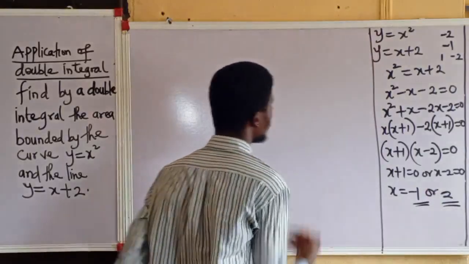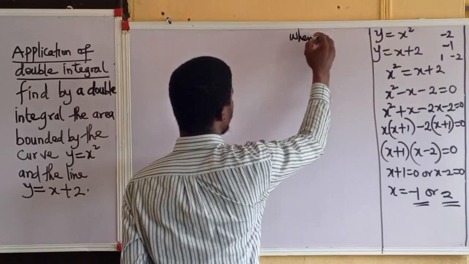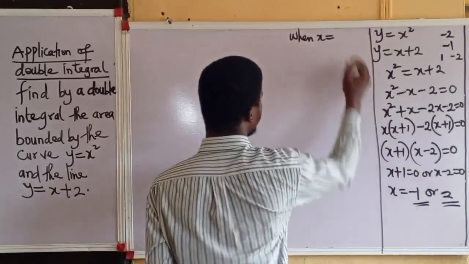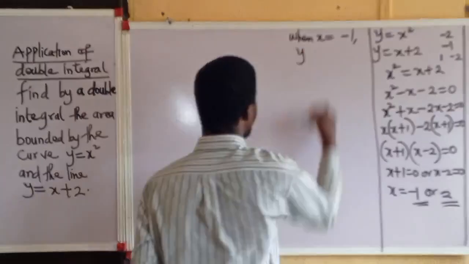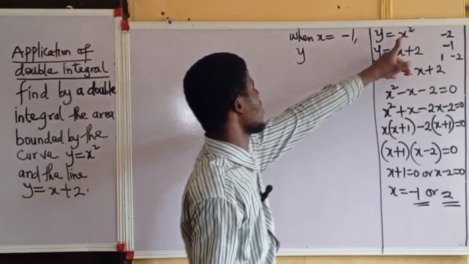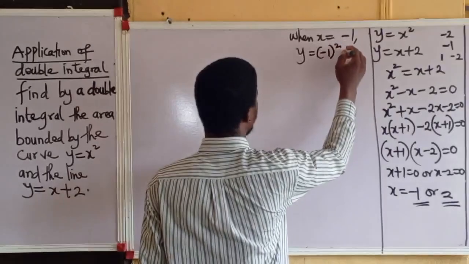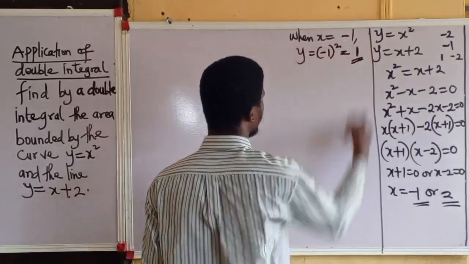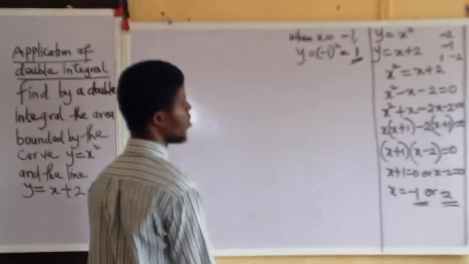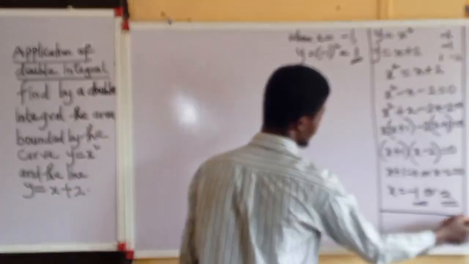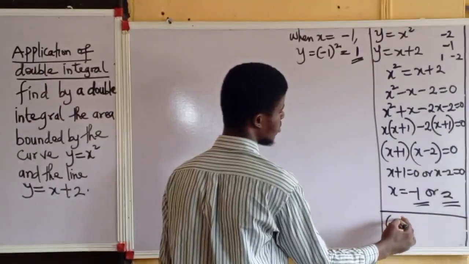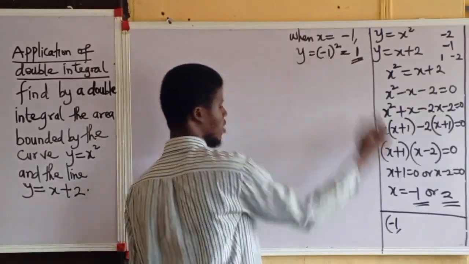Now, when x is equal to minus 1, what is y? If I plug in minus 1 here, I'll be having minus 1 all to the power of 2, and that's positive 1. So the first point of intersection is: when x is minus 1, y is positive 1.